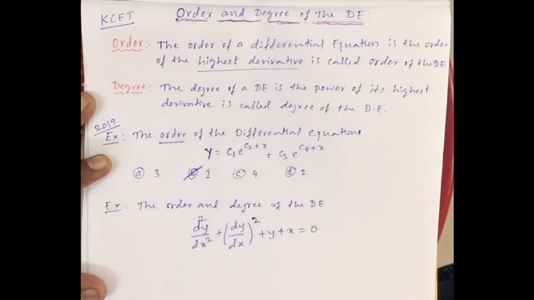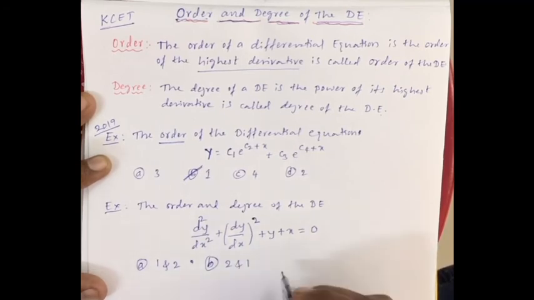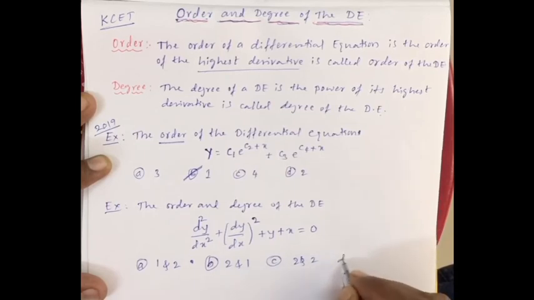I have taken some equation, and now I'll give options here, because you have to find both order and degree. A: 1 and 2, order is 1 and degree is 2. B: order is 2 and degree is 1. C: 2 and 2. D: 1 and 1.